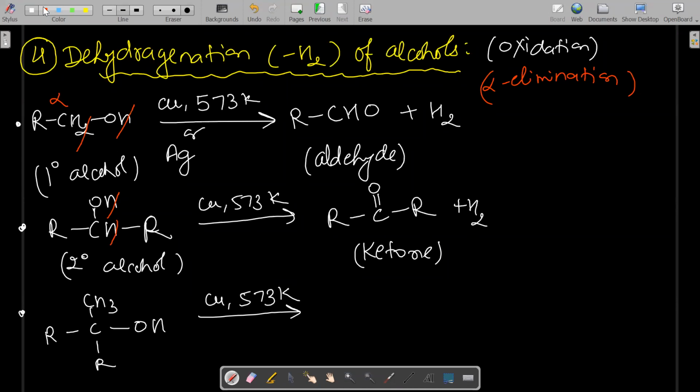Is there any alpha hydrogen present? No, ma'am. No alpha hydrogen. So if there is no alpha hydrogen, alpha elimination is not possible. So what will happen over here? In this case, beta elimination occurs.